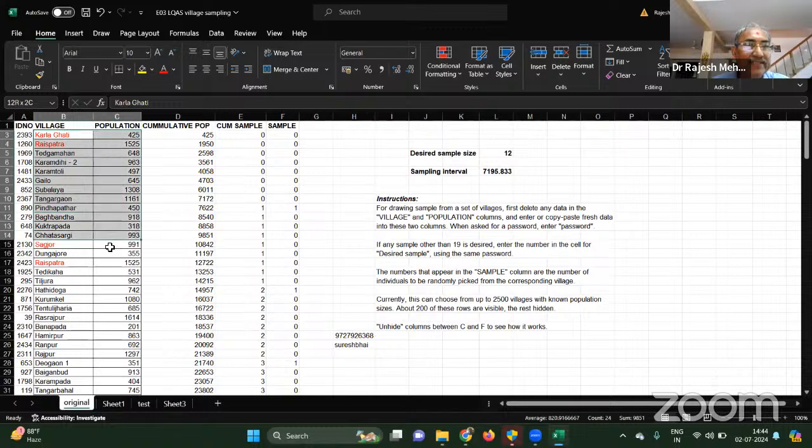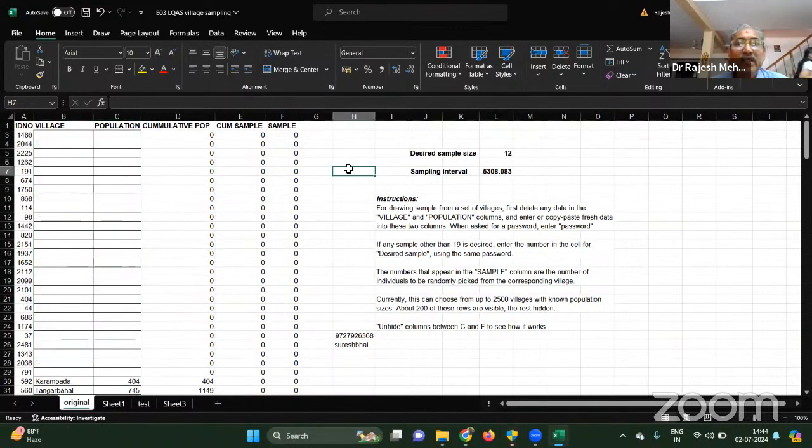So you need to delete this data, like this, and enter or copy-paste fresh data into these two columns. When asked for a password, enter the password. Usually, the password is not used, it is broken.